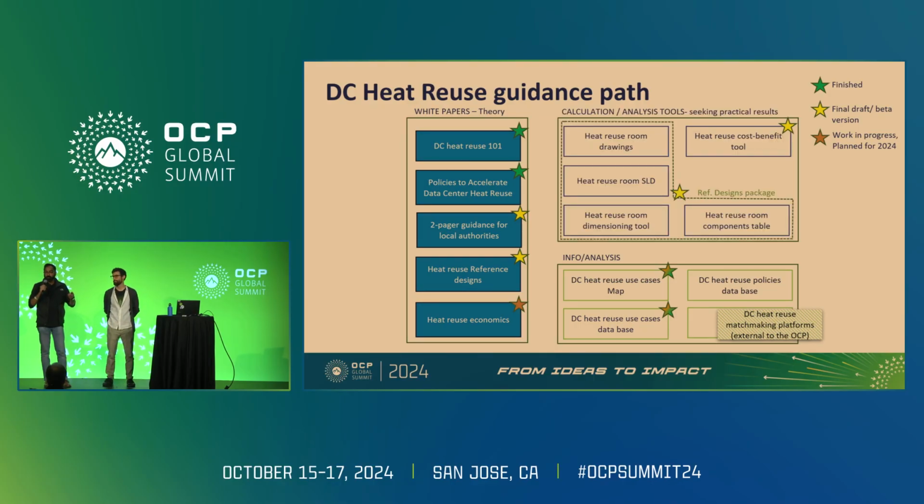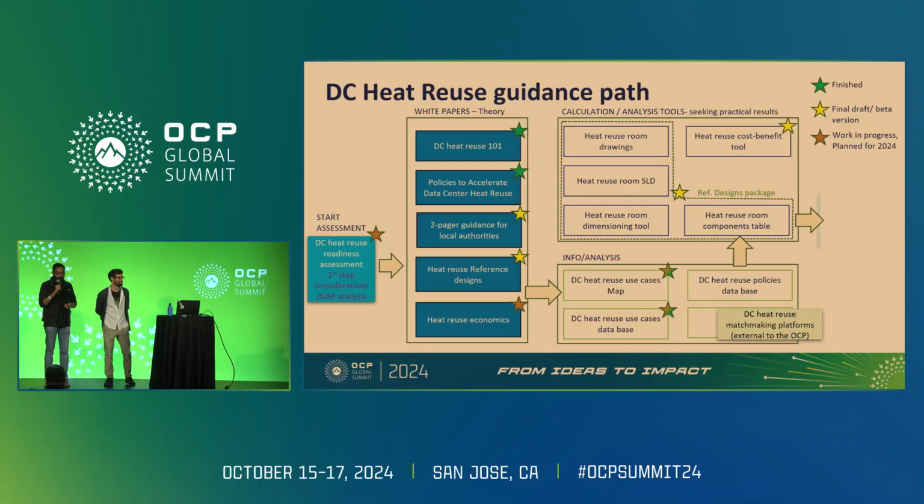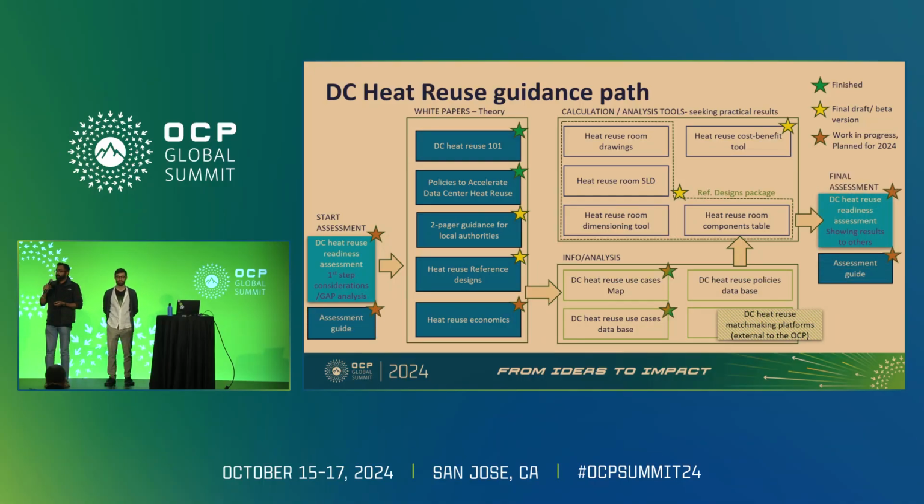But we are going to use these different tools and information both on the economic side, which covers CapEx, OpEx, TCO, and then we have tools which cover the reference design, and we create these different SLDs, and how we are able to use all this information to assess your heat reuse study. And that's the theme of today's talk, is to do an assessment.